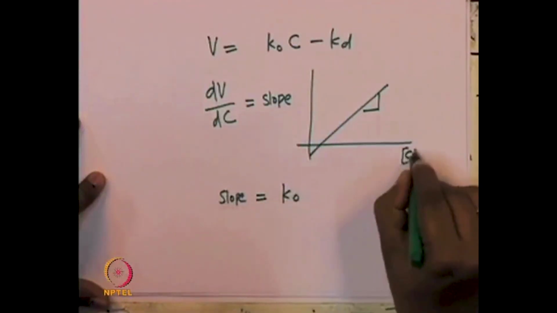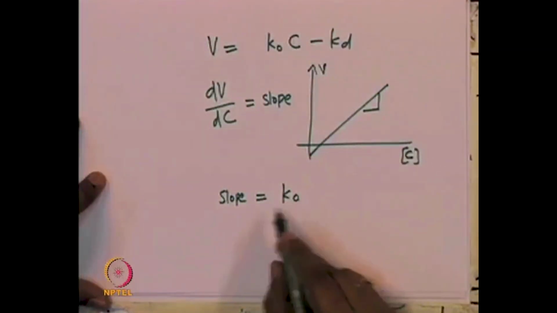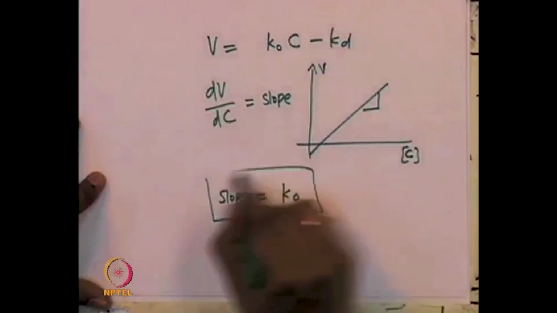So, this is C and this is V. Slope is K0.